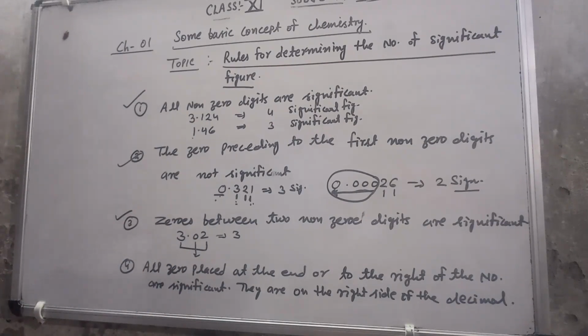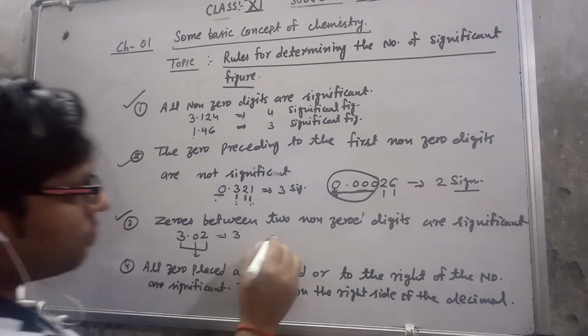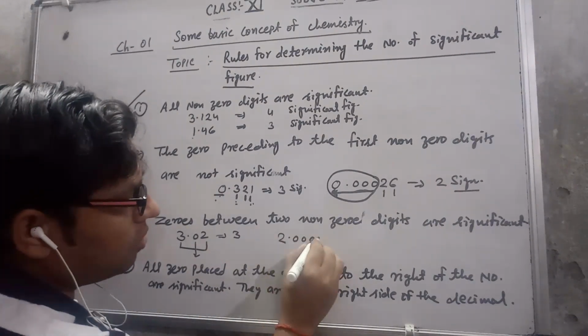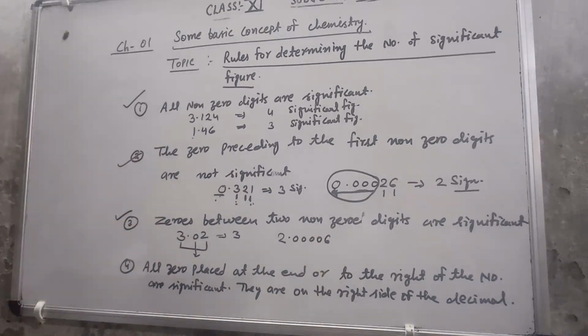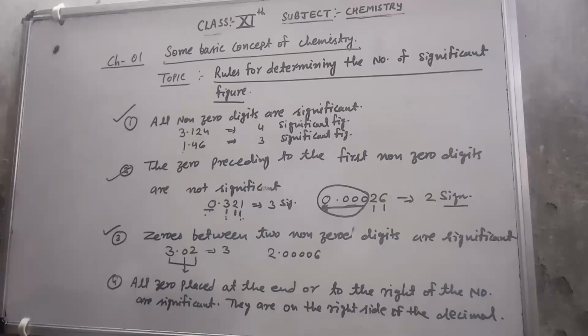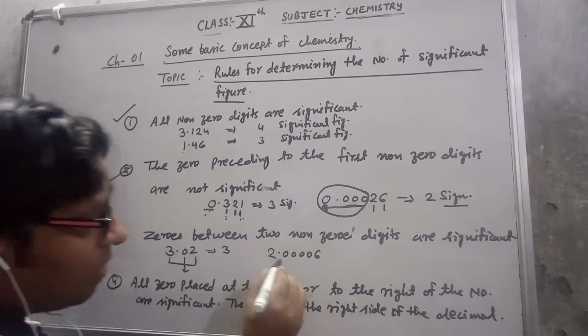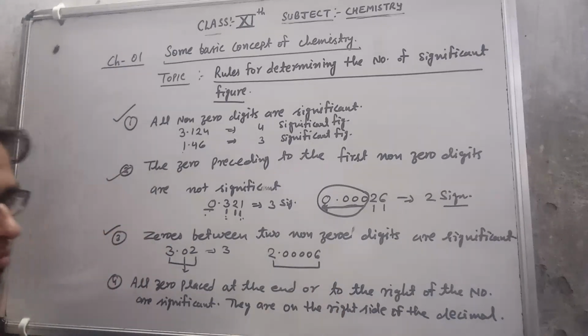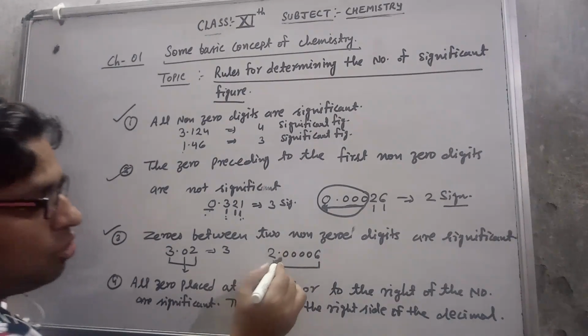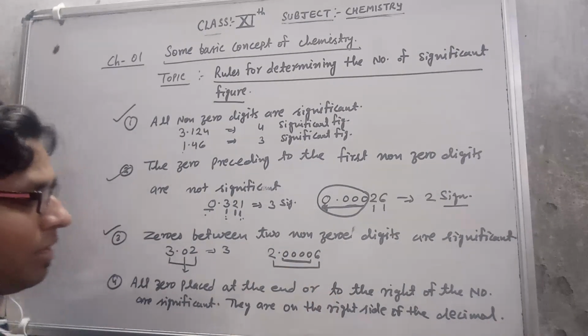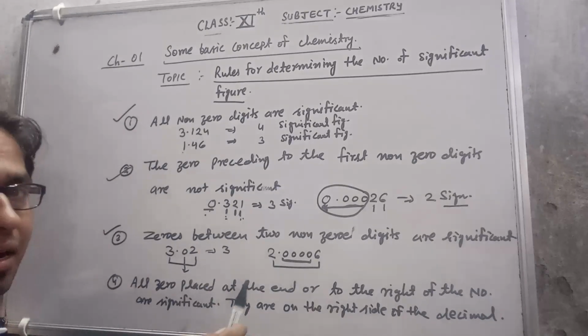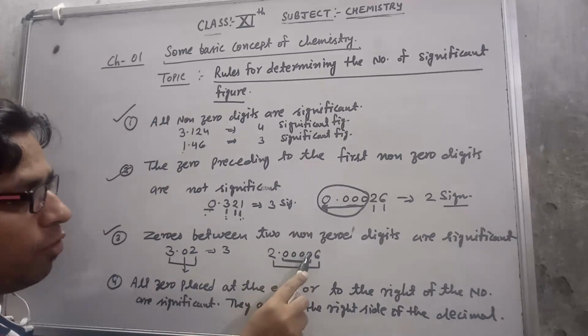Suppose the next example I discuss with you is 2.00006. Again you can check that all the zeros available here are in between two non-zero digits, so these zeros are also counted as significant figures. So the total significant figures available here are 1, 2, 3, 4, 5, 6.